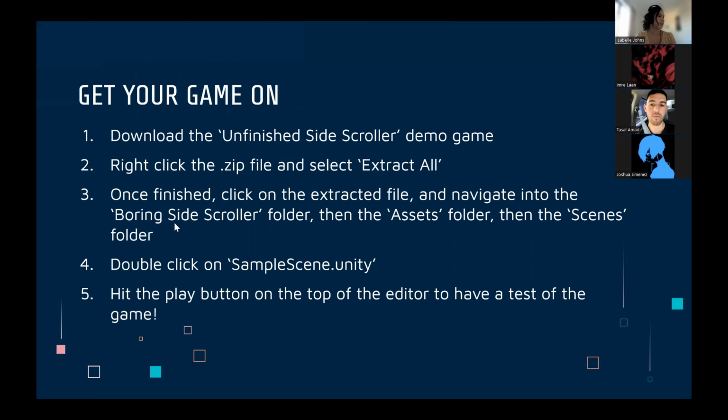Once it's finished, you can see I copied and pasted this from the last slide because I didn't change the game name. That should say unfinished side scroller. Click on the extracted file, navigate to assets and then scenes, and double click on sample scene.unity. That will open up your game, and you can hit the play button at the top of the editor to test the game. Let me know if you run into any issues with playing the game.